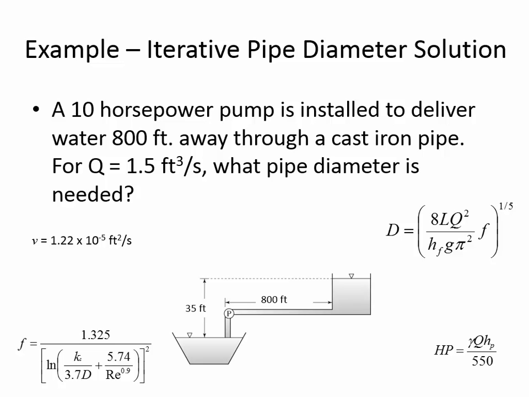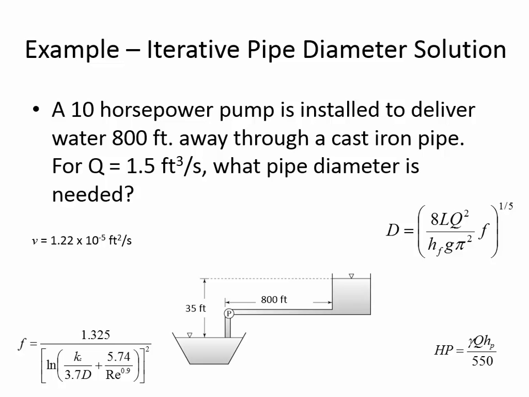Water's flowing from 1 towards 2, so it's going to the upper reservoir, and the dimensions that are given of 35 feet define the delta Z. So delta Z is 35 feet, how much higher this upper reservoir is than the lower reservoir. And we can start off with the energy equation, because the energy equation always applies.